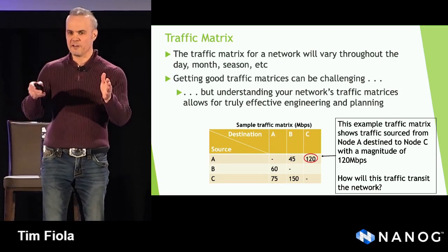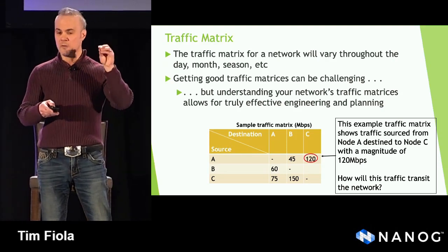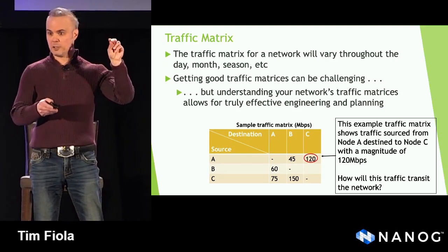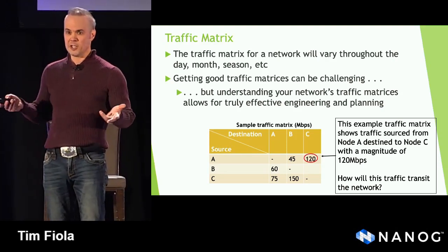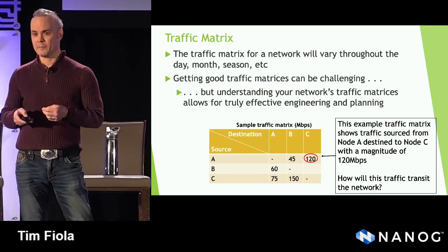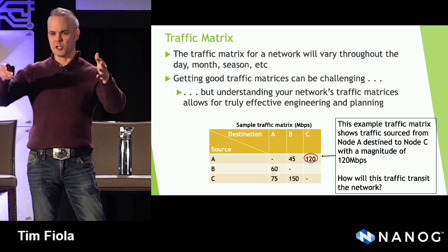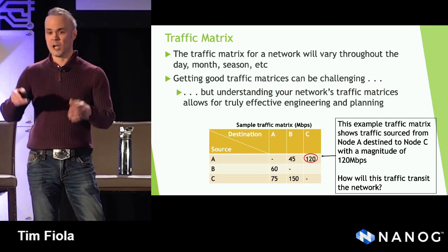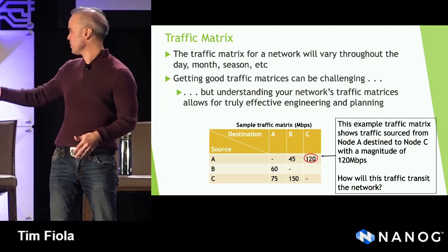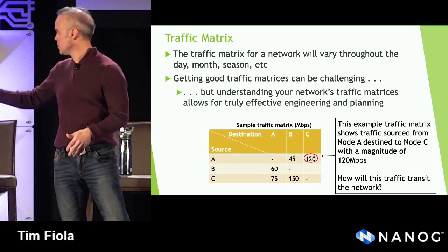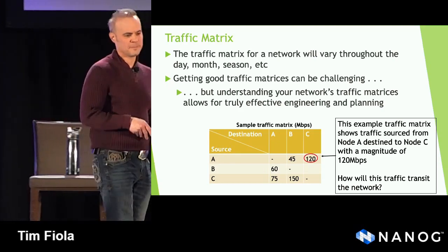But in the end, the traffic matrix is just traffic going from one part of your internal domain to another part via IGP. That's what a traffic matrix is. So all those things are essential to forming your traffic matrix, but in the end, the traffic matrix is something like this. From here to here, I have this much traffic.